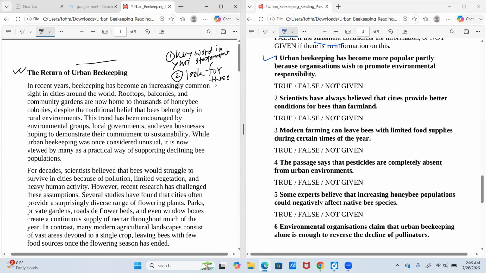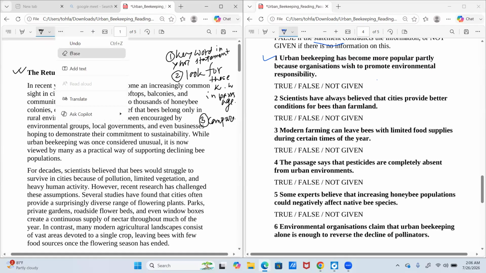Look for those keywords in the passage, and then finally you would compare. Okay, so let's proceed following this rule.